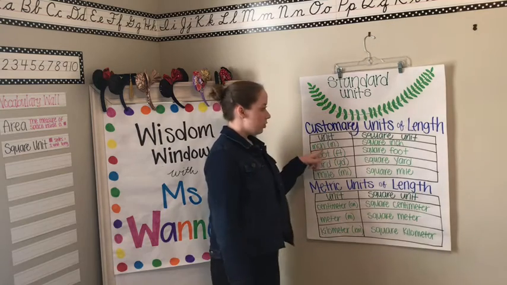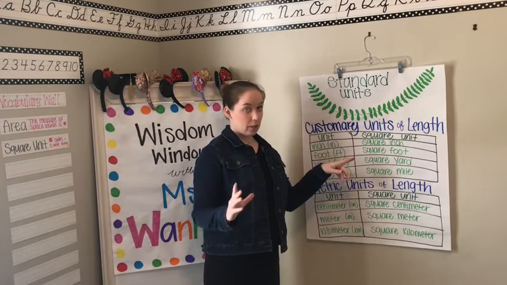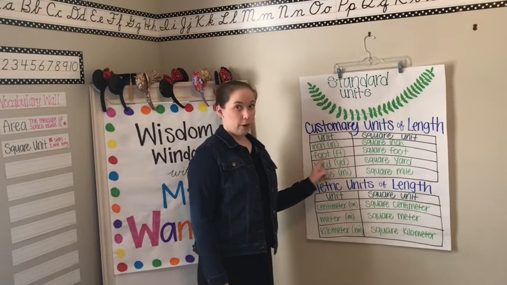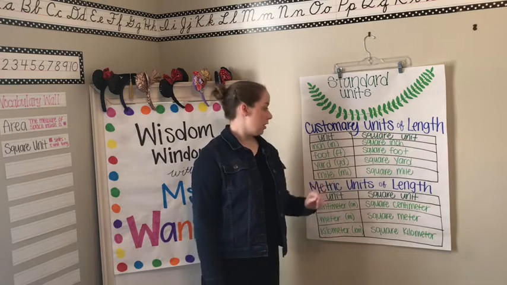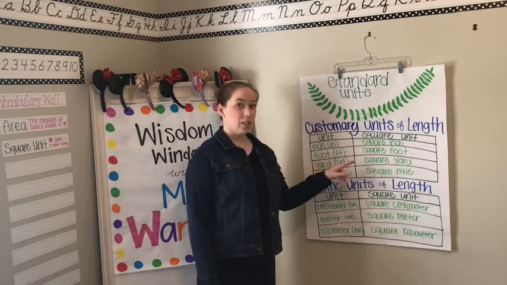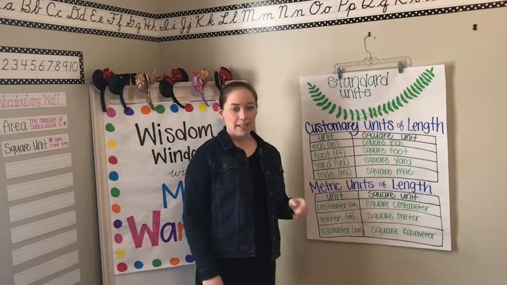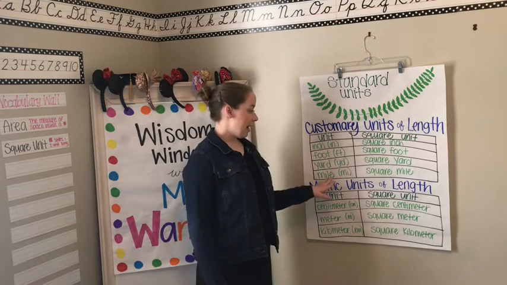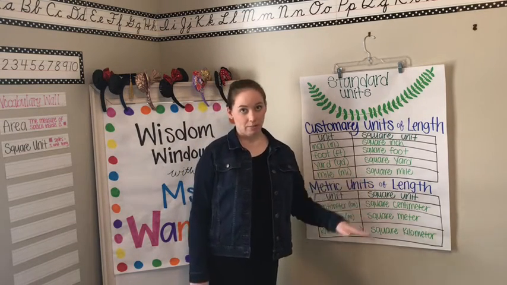So we have our inch, and so we call that square unit a square inch. For a foot, we call it a square foot. For a yard, we call it a square yard. And so a yard, remember, is like those yardsticks that are like this big. And then we have a mile, which is also known as a square mile.